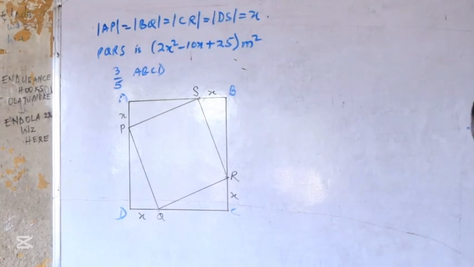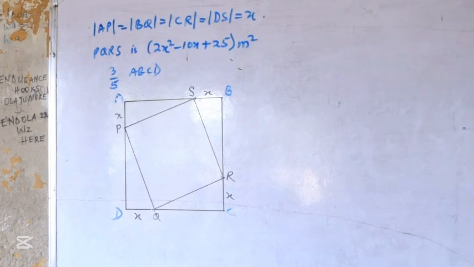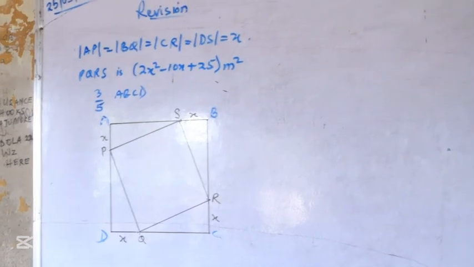Now the first thing to do is I want to show that the area of that square PQRS is what we have on the board, 2x squared minus 10x plus 25.